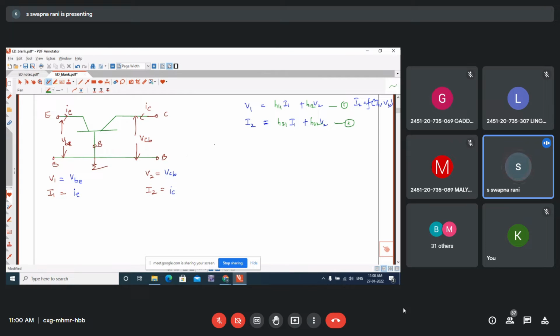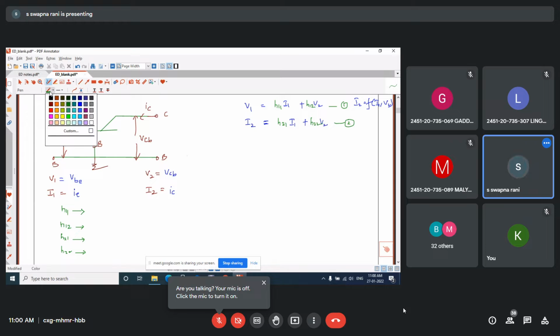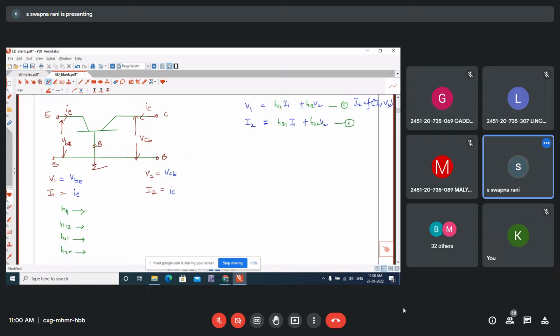Now, one more exercise is H11, H12, H21, H22. What is H11? What does it represent?